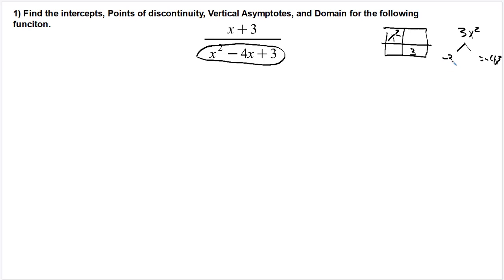That's going to be -3 and -1. And so this can be rewritten as x plus 3 divided by x minus 3 times x minus 1.